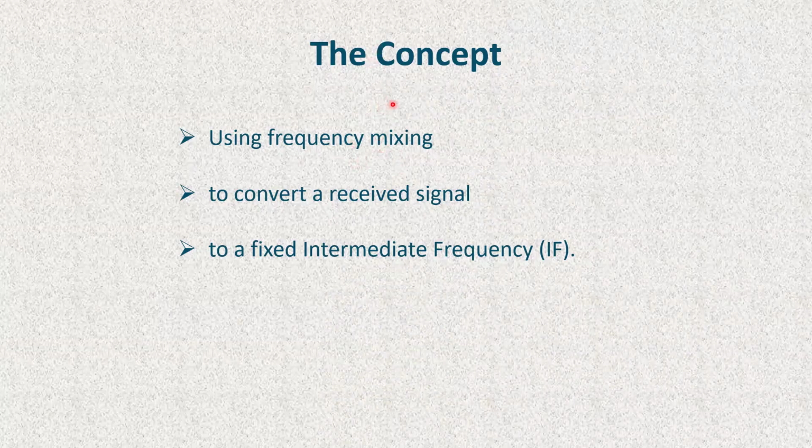Well, the superheterodyne is using frequency mixing to convert a received signal to a fixed intermediate frequency, and we represent that with the designation of IF. When we read some of the sentences today, this is not "if," that's IF, okay? Intermediate frequency.